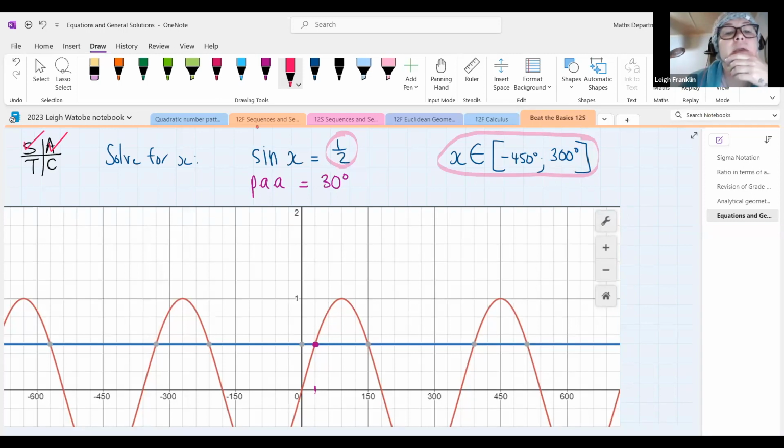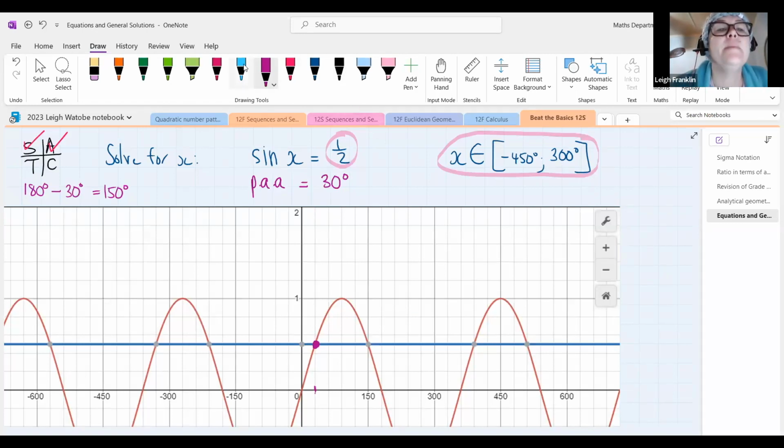So if our PAA is 30, that satisfies where we are starting in quadrant number 1. That's the purple dot that I have drawn over here. But in order to find out what angle in the second quadrant also has a ratio of a half, I have to use my reduction formula for the second quadrant. And that's where 150 comes from.